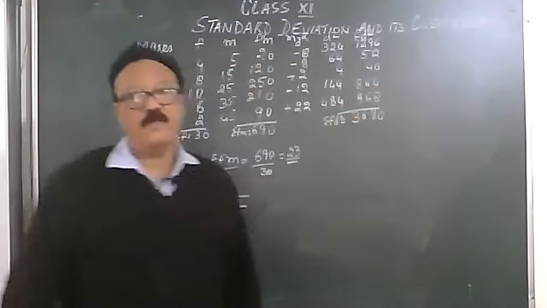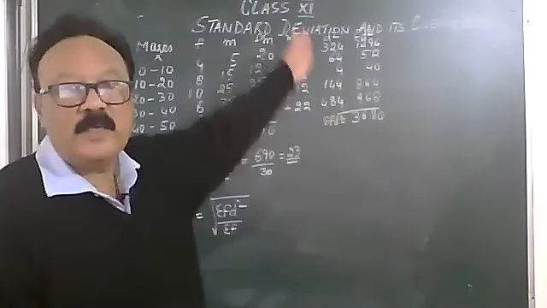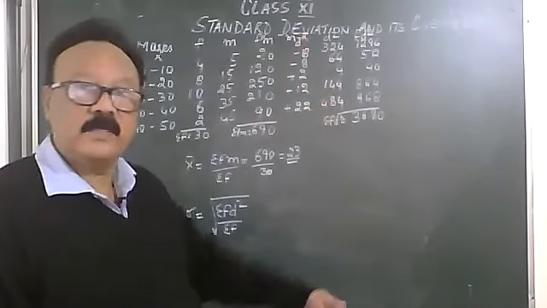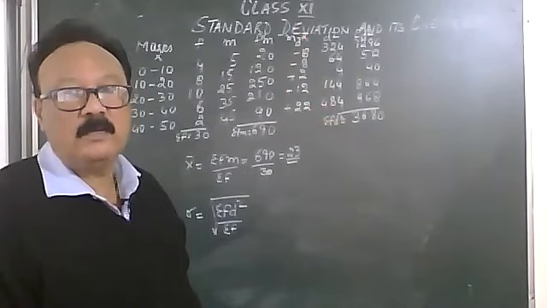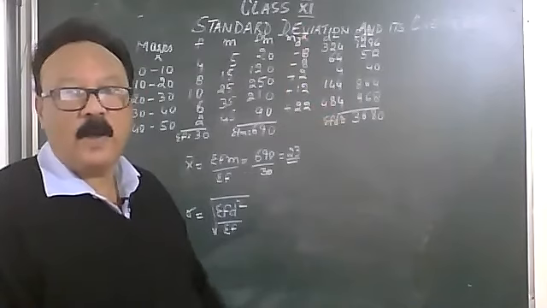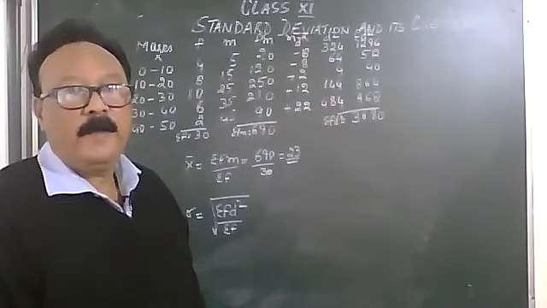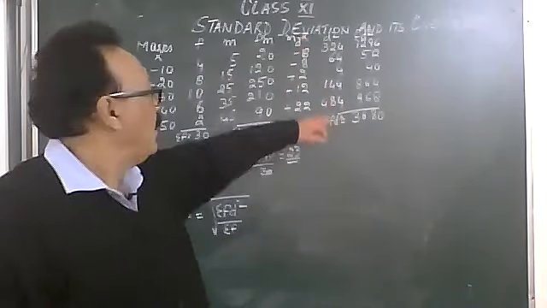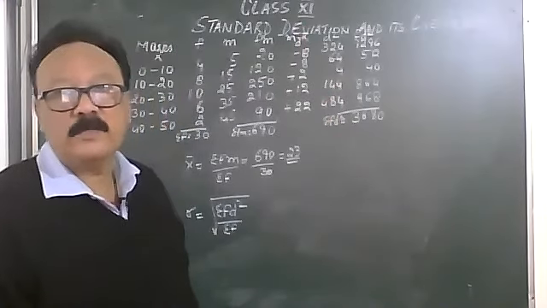Be careful of your calculations. 3, 6, 8, 0. Because if things go wrong here, things go wrong after this everywhere. So make sure your calculations are proper. Don't be in a hurry. Do it properly. Get the correct figures, because anything goes wrong here, like I said, it will reflect in your answer.